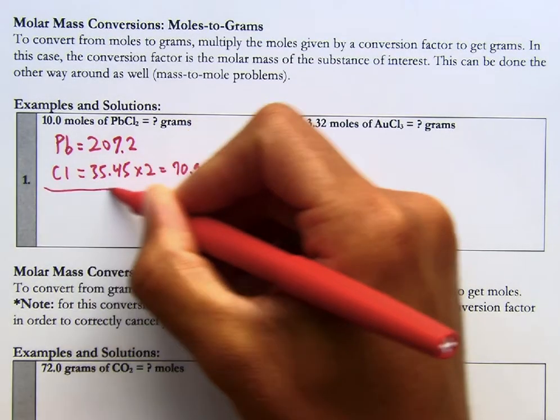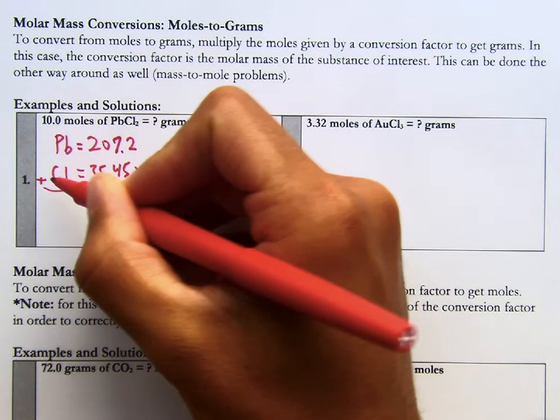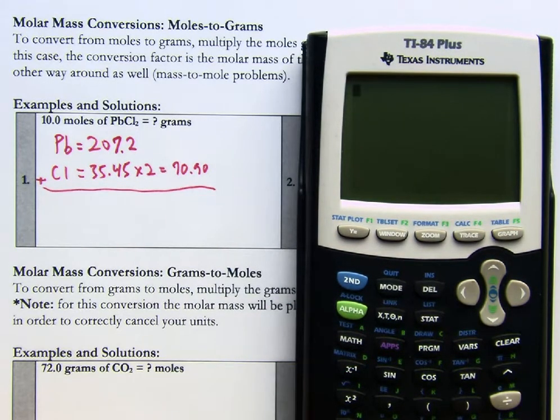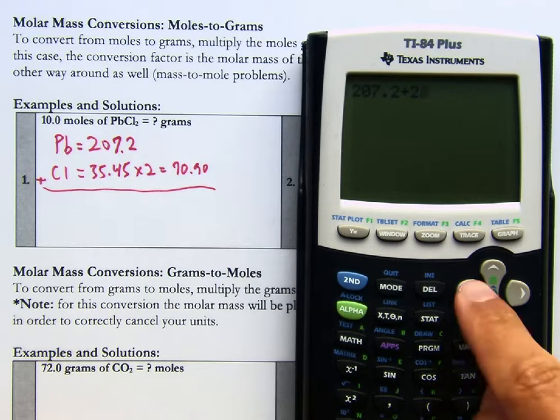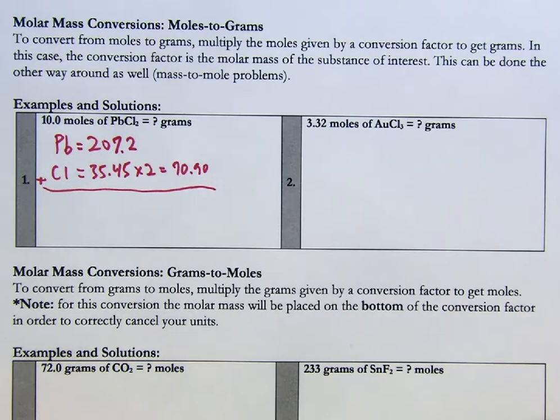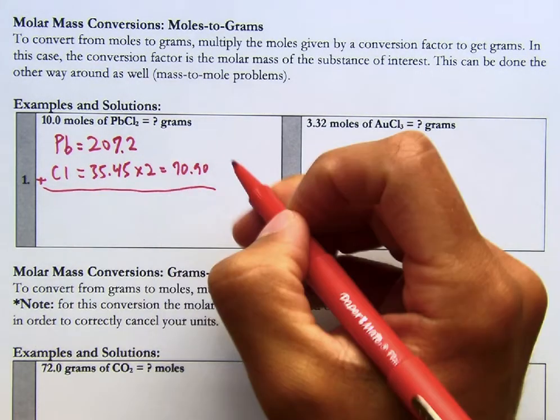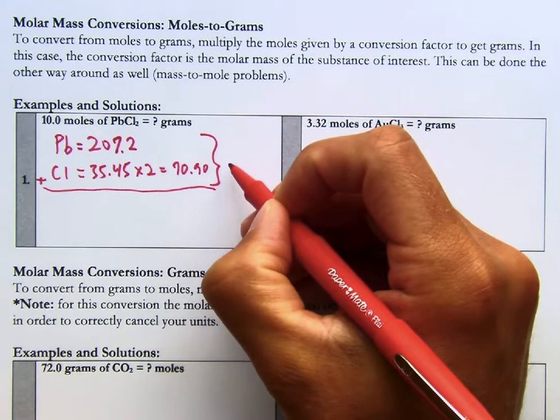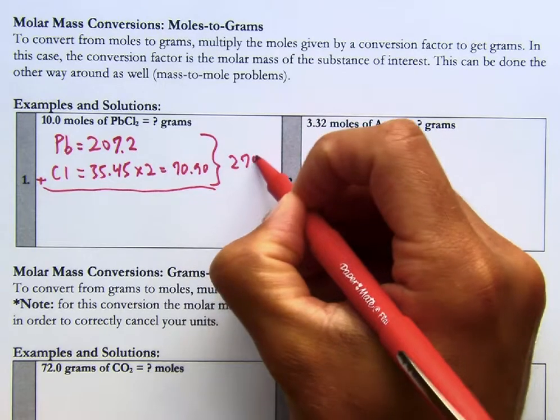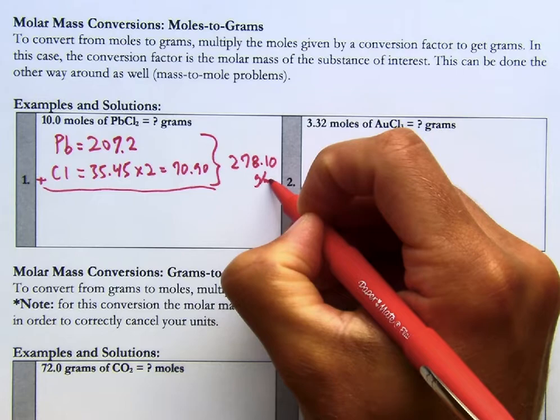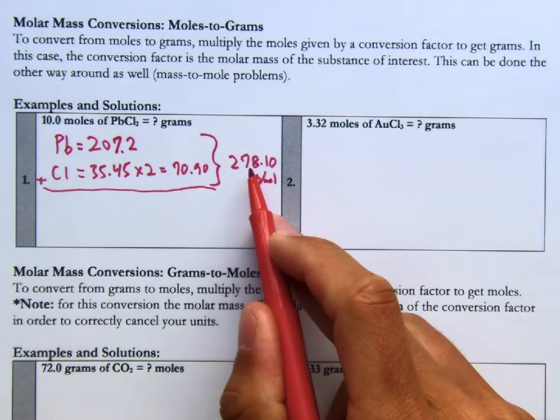So we're going to add those together, 207.2 plus 70.9. I'll actually just write it over here, 278.1. This is grams per mole. So that's our molar mass.